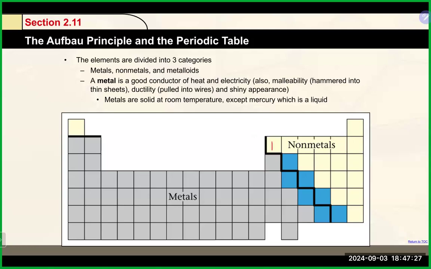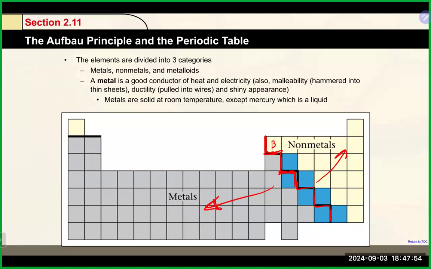But usually right around boron, you'll see this staircase coming down. To the left of the staircase, those are metals. To the upper right of the staircase, those are nonmetals. And right on the staircase itself, those are what are referred to as metalloids, or semi-metals, they're sometimes called.